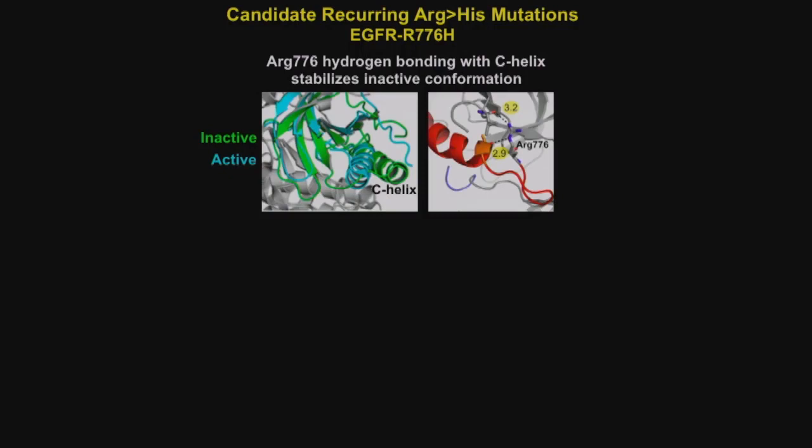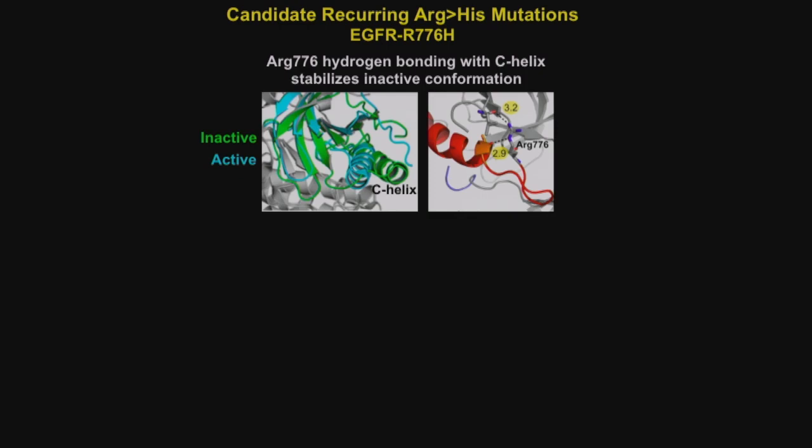And when that C helix is swung out, the kinase is inactive. And when it's swung in, the kinase is active. The swung out is shown in green here, and the swung in is shown in cyan. Now, what the wild-type arginine does is it forms this electrostatic hydrogen bonding with the C helix that keeps it in a swung-out or inactive conformation.